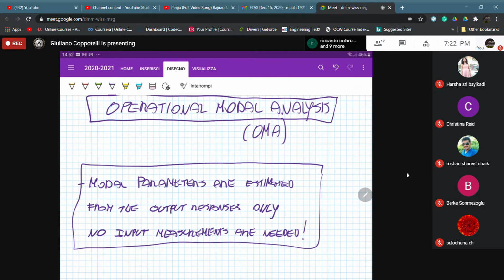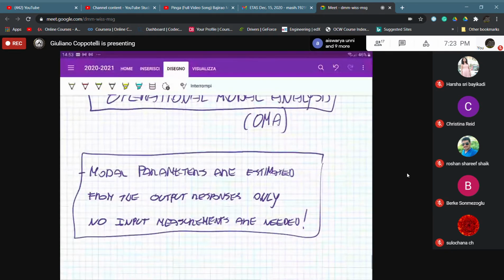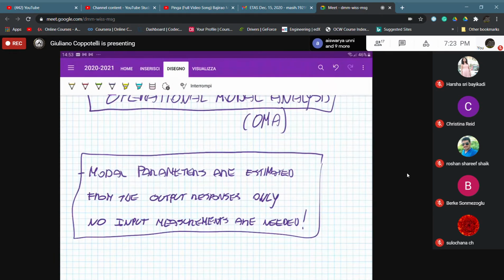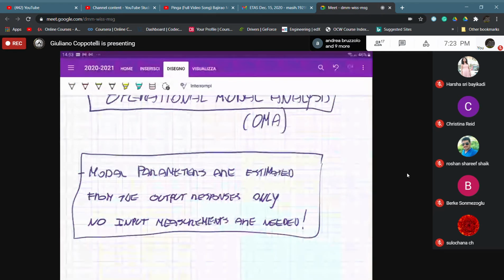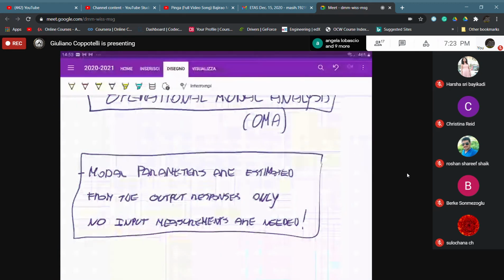Can you see why? Let's, for example, think about a civil engineering structure, a large building, or a long-haul bridge. Therefore, if you want to characterize those structures from the modal parameters point of view, you need an excitation. Can you figure out how large, how big could be a modal hammer to excite an entire building or an entire bridge?